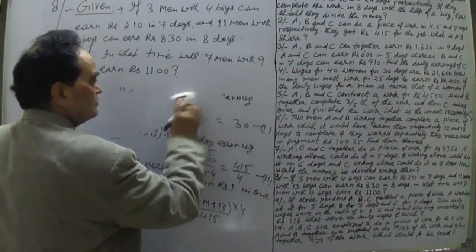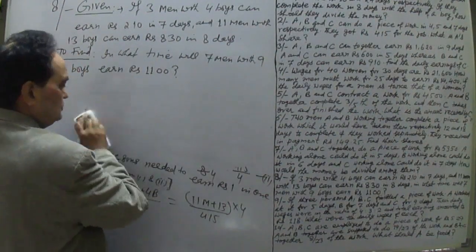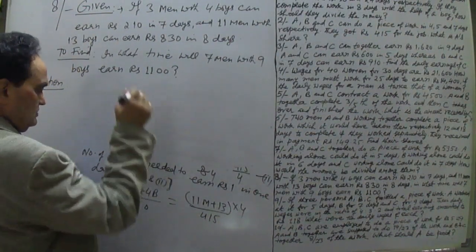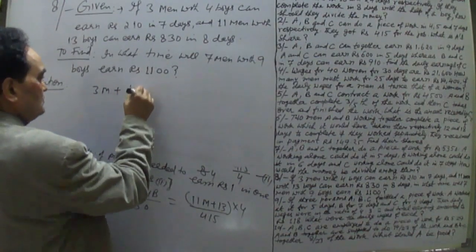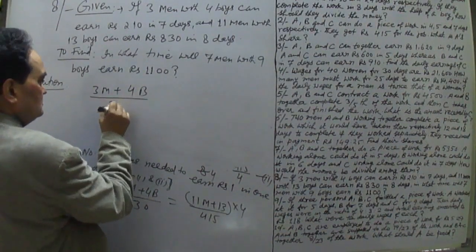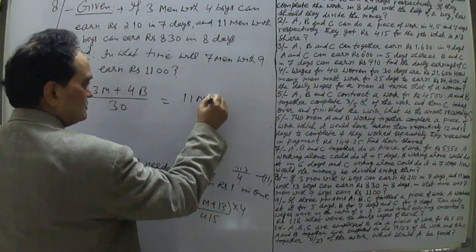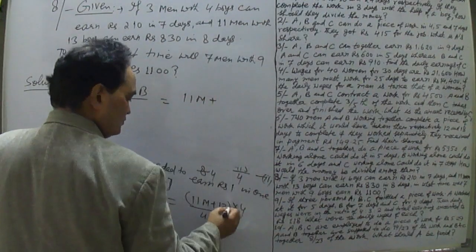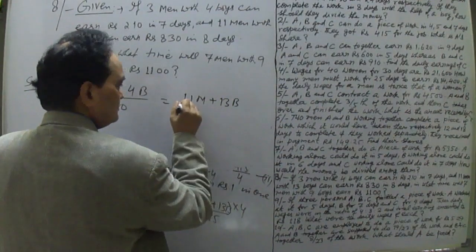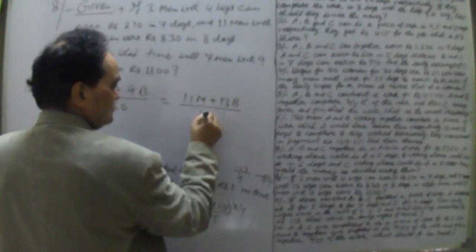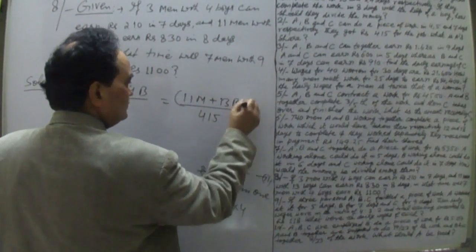These two equations are to be equated and solved. So let me write here: 3 men plus 4 boys divided by 30 is equal to 11 men plus 13 boys divided by 415 into 4.